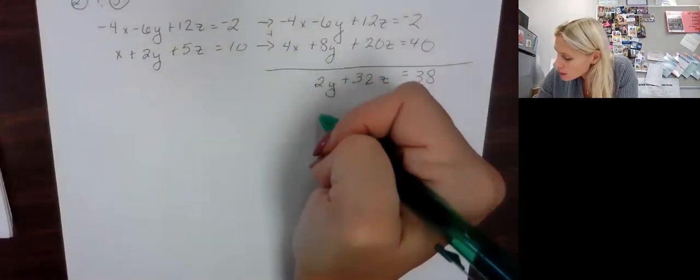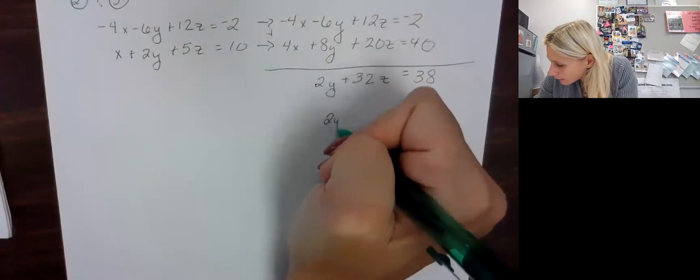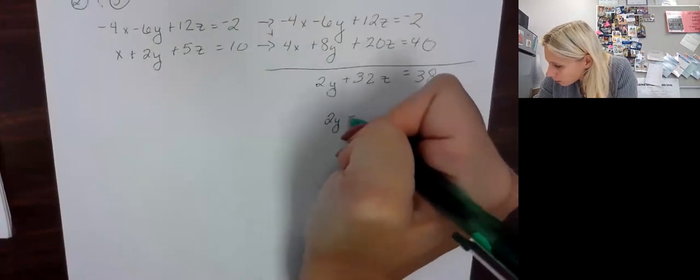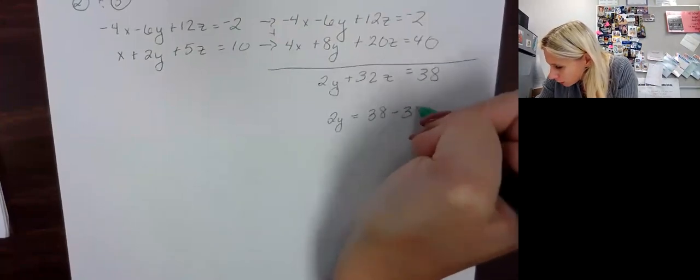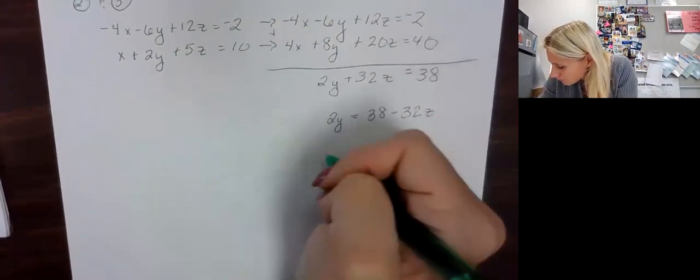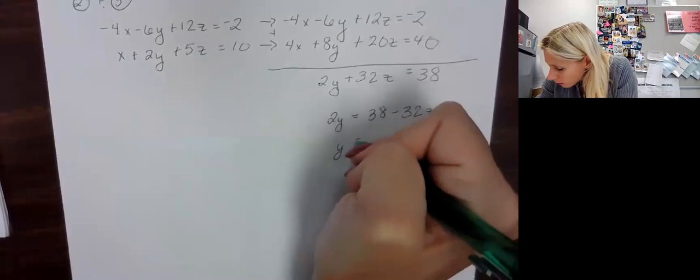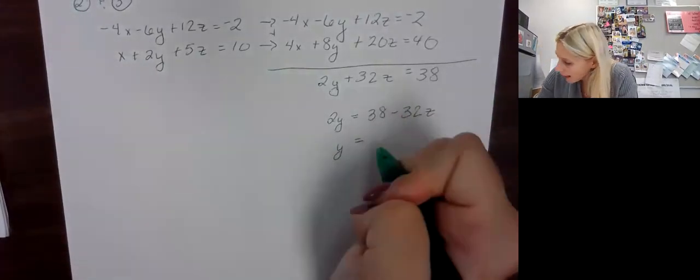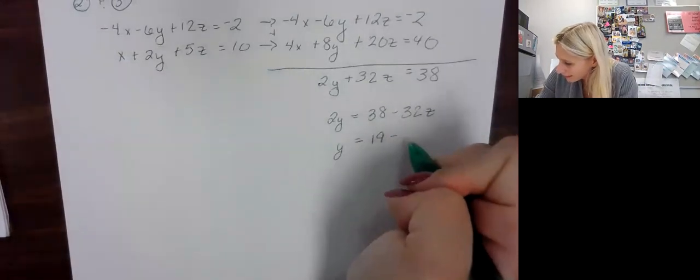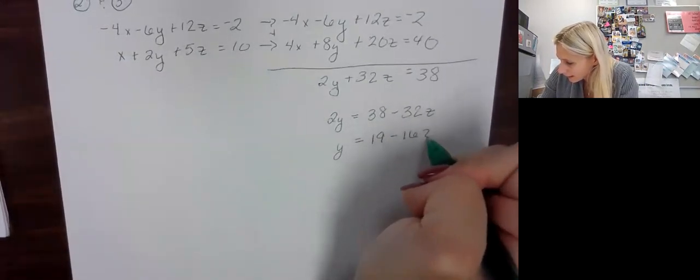Okay, so that would give me 2y equals 38 minus 32z, and y equals, so now we have to divide, right? 19 minus 16z.